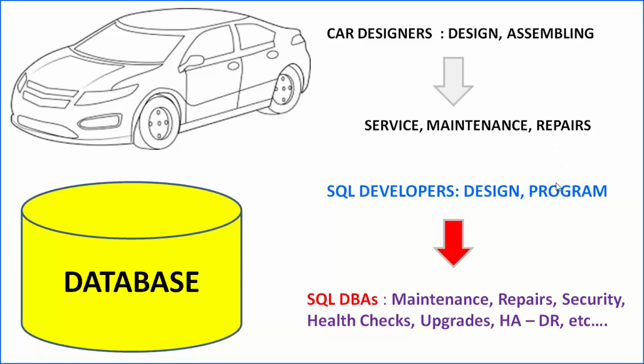Our duty as a DBA, far away from programming, is all about maintenance, repairs, security, health checks, upgrades, etc. So database administrators, you and me, are responsible for managing databases, just like servicing a car.